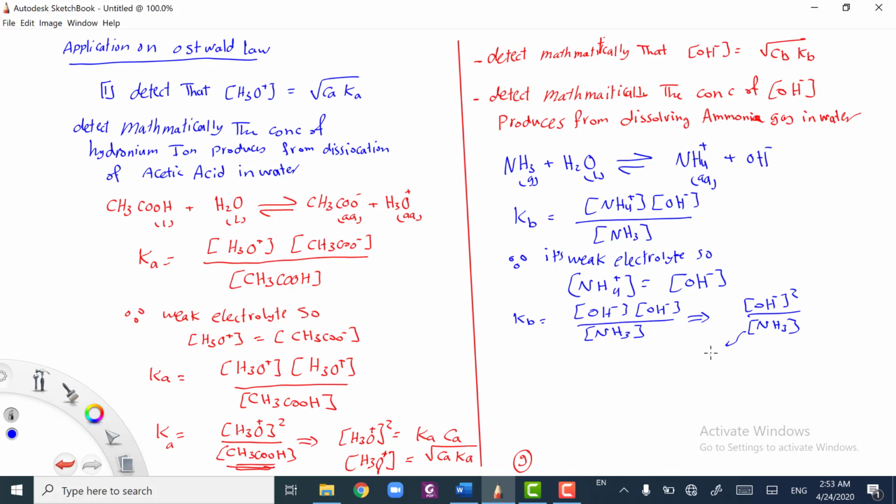NH3 is related to the base concentration, so it may equal Cb. So Kb equals hydroxyl ion concentration squared divided by Cb. So hydroxyl ion concentration squared equals Kb multiplied by Cb. It will be hydroxyl ion concentration equals the root of the concentration of the base times the dissociation constant for the base.